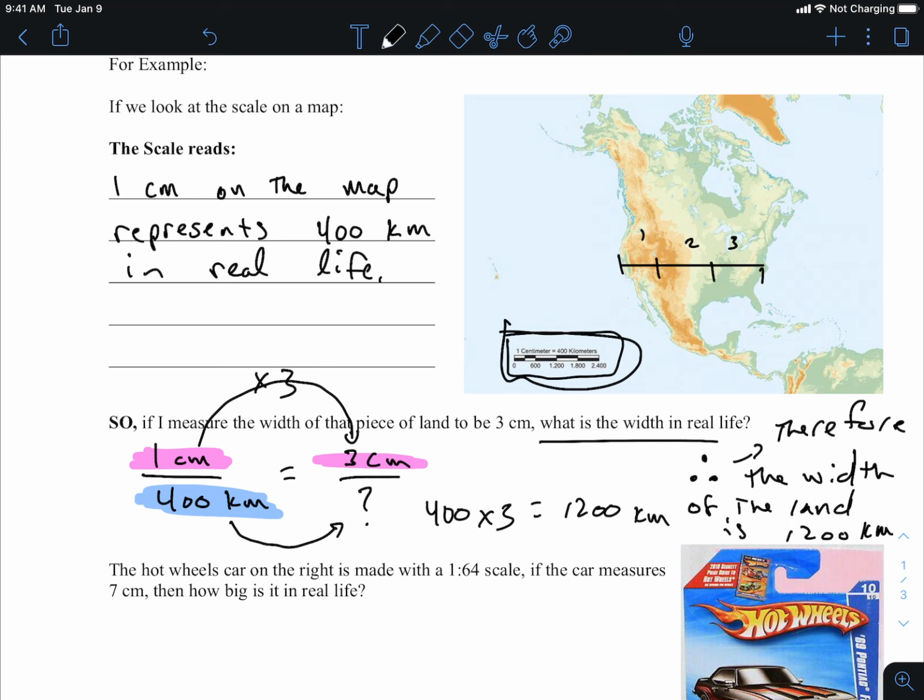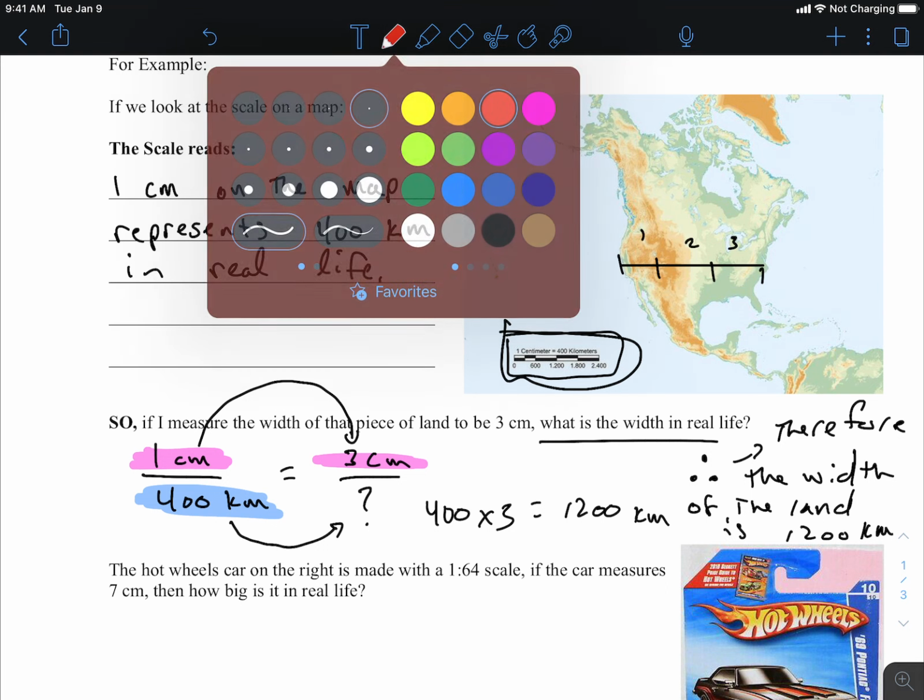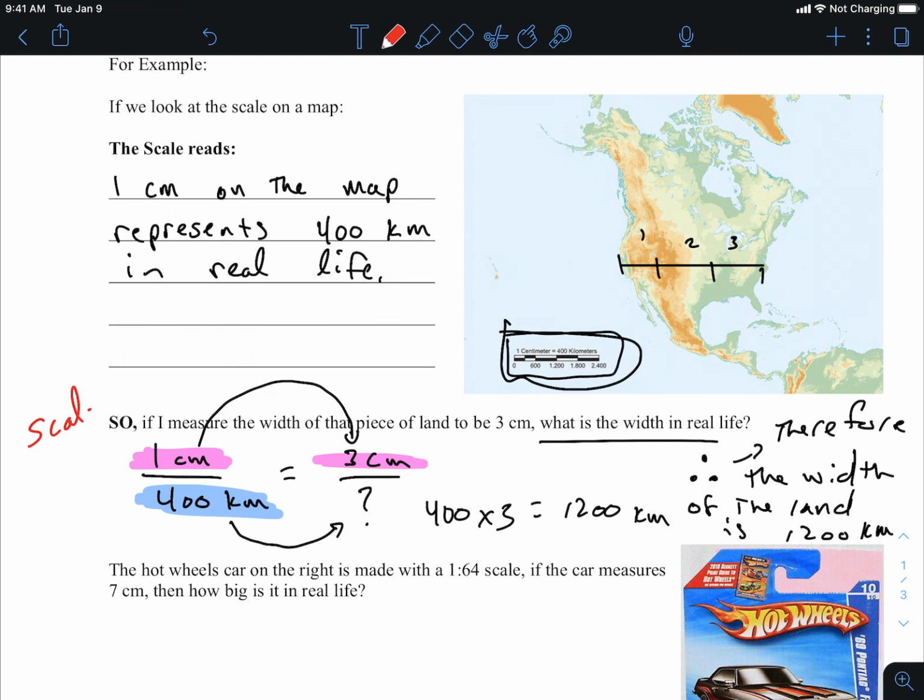Anybody stressed? Hopefully I've laid the foundation for you guys. It's the same question as that, just trying to figure out how many claps there are in 60 seconds, just finding what we call the scale factor. What's the scale factor in this question? Do we know what the scale factor is?